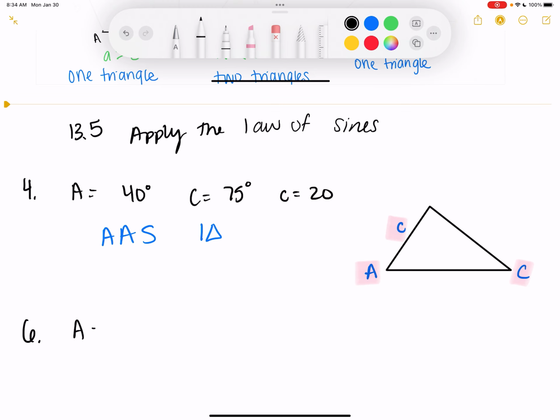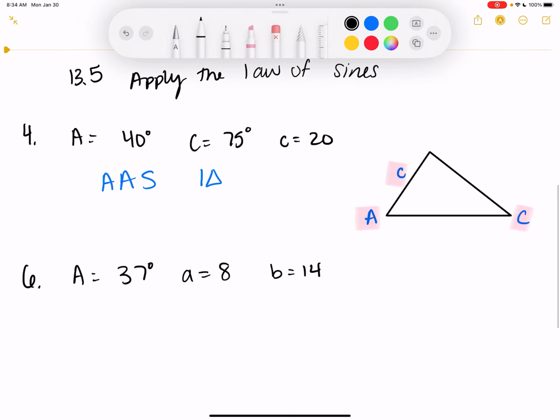All right, 6. We have angle A is 37 degrees, side A is 8, and side B is 14. So again, I've got my triangle. I've got angle A, meaning side A has to be over here.